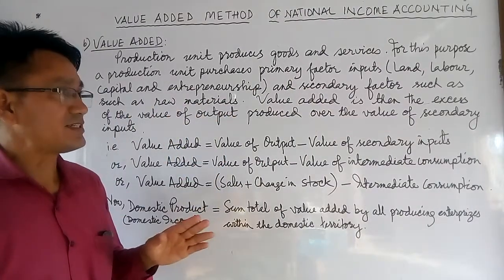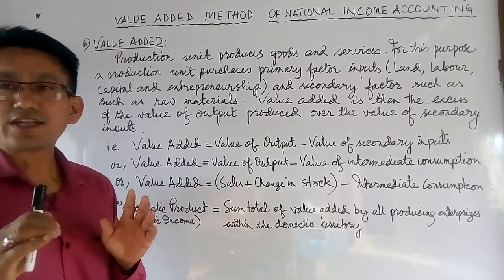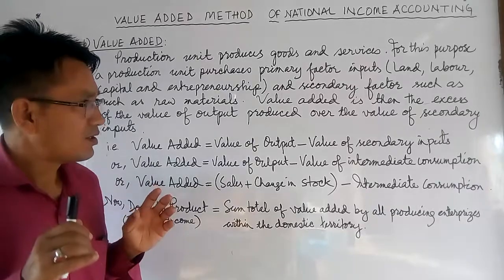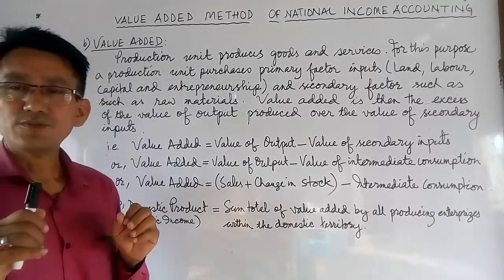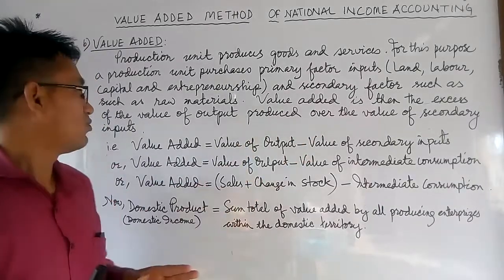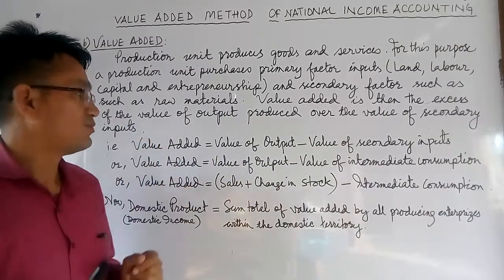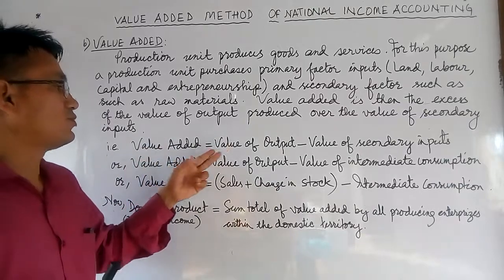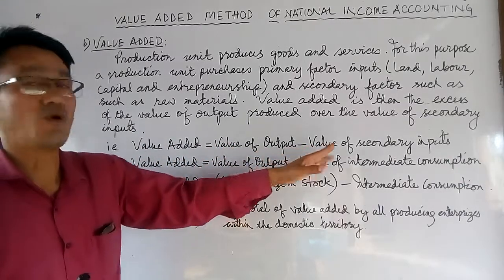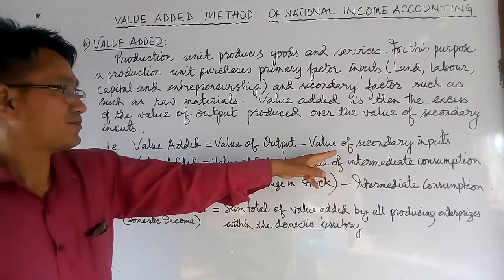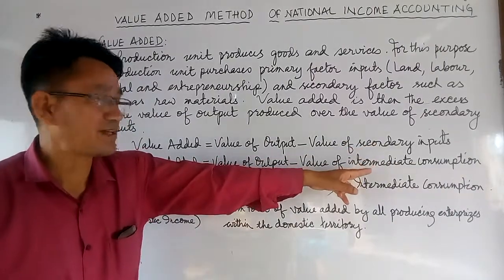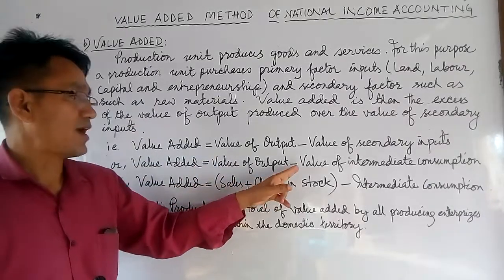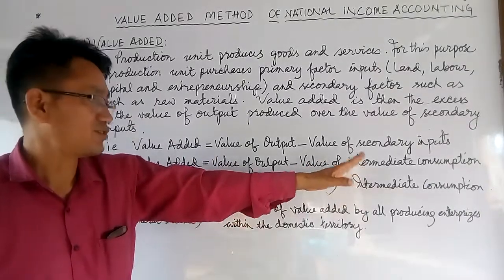So value added is the excess of the value of output produced over the value of the secondary inputs. That is, value added is equal to value of output minus the value of secondary inputs. The secondary inputs we call the intermediate consumption also. So value added is equal to value of output minus the value of intermediate consumption.